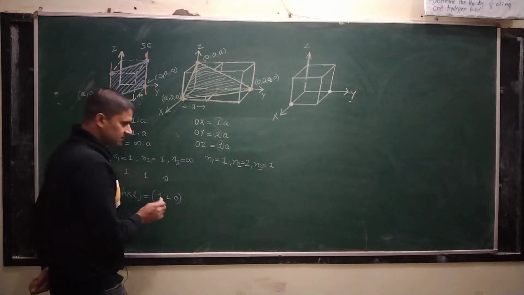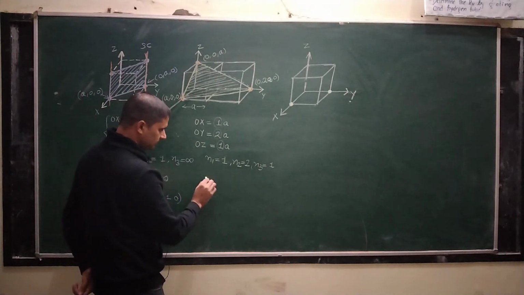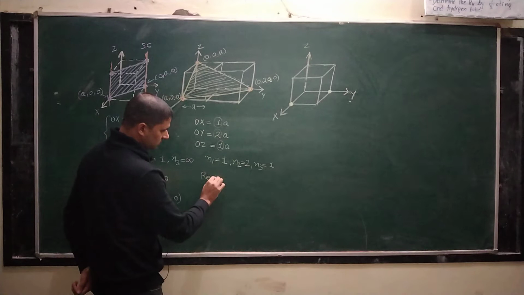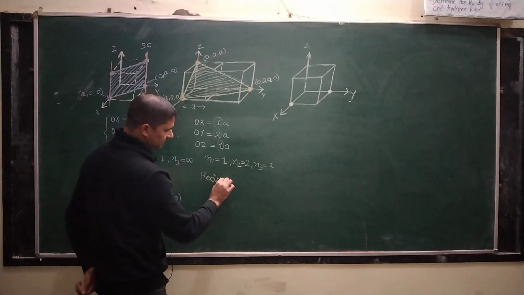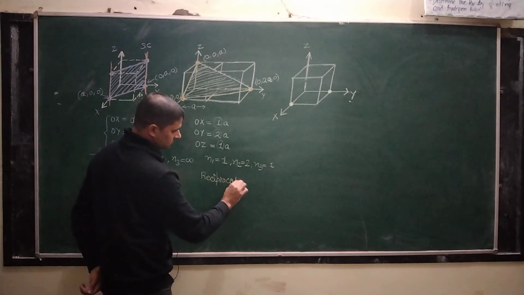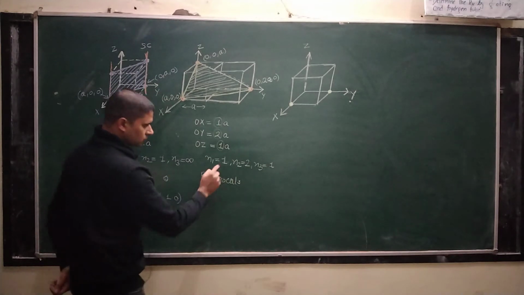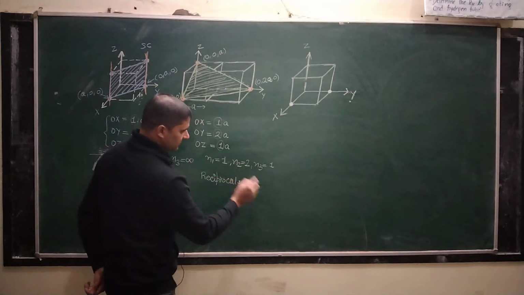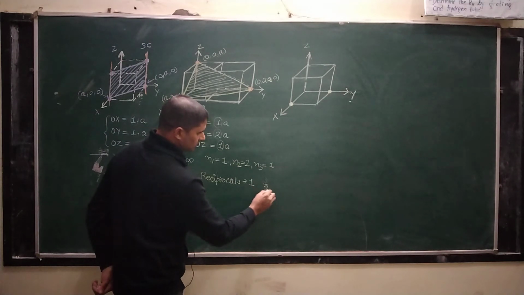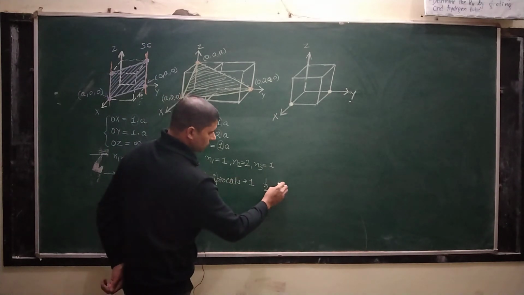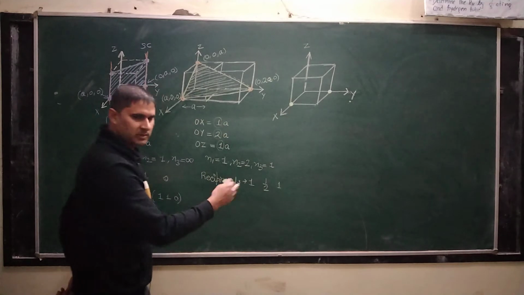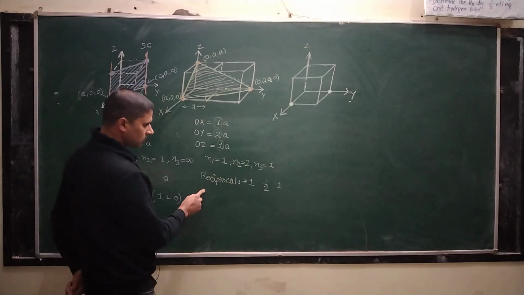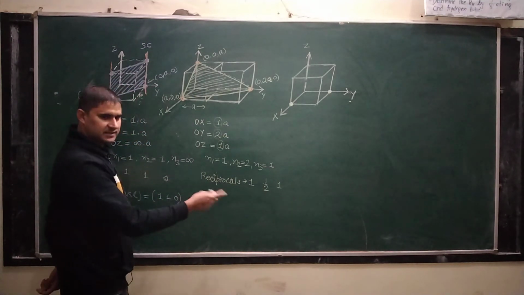Now you will take their reciprocals. So the reciprocal will be 1, and then the reciprocal of 2 will be 1 by 2, and that of 1 will be 1 by 1. So now you will remove the fractions.